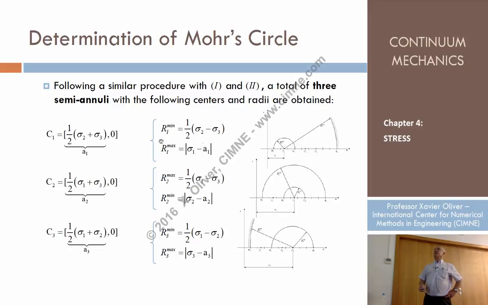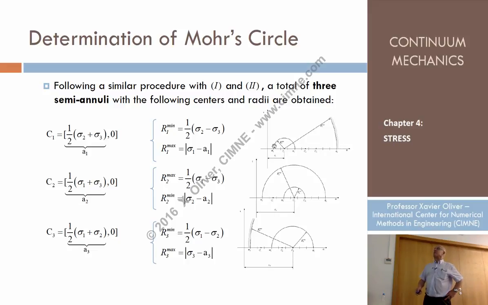The first center is placed at the midpoint of sigma 2 plus sigma 3, and the minimum radius is sigma 2 minus sigma 3 over 2, so it's a circle that passes through sigma 2, sigma 3, with this center, and the other circle, the maximum in that case, is just passing through sigma 1. Okay?